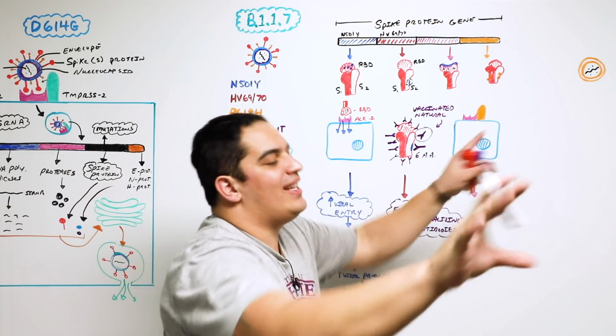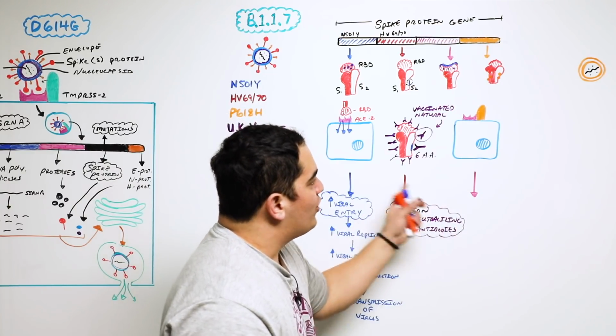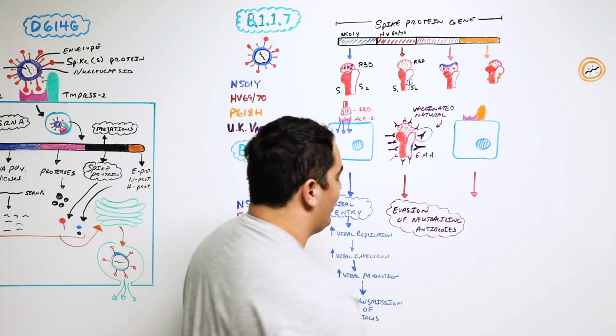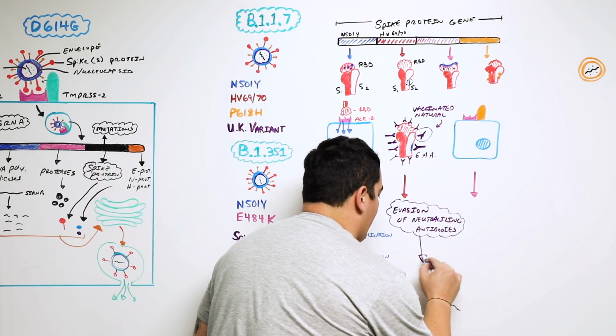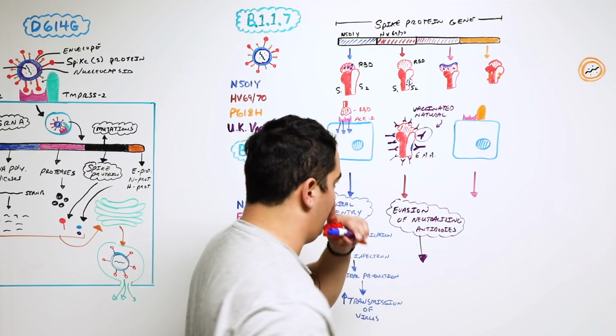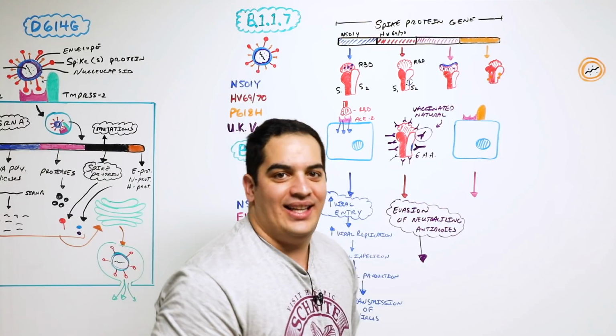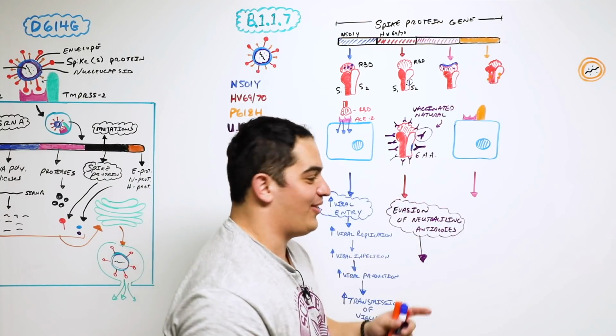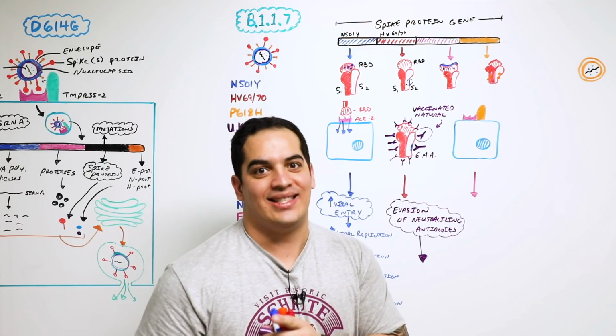But let's say worst case scenario, your neutralizing antibodies somehow don't work on this S protein. Guess what we have though, and this is why I think it's very important to understand your immunology. We still have our memory T cells and our memory B cells. I don't think that these variants are going to be able to bypass that system.